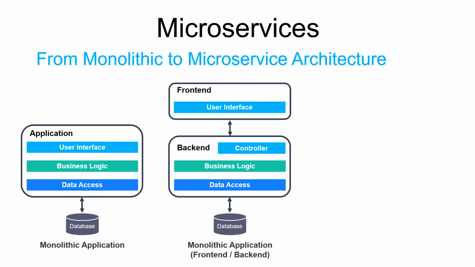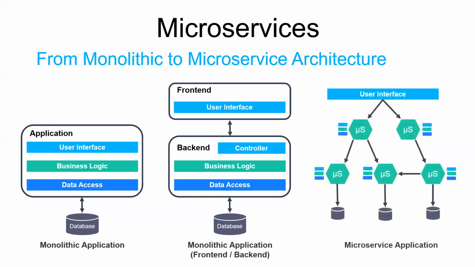And the back end, which is still a single deployment unit, could be created using technologies like Spring Boot, Node.js, Laravel, and so on. Now, splitting the backend of an application into small, distributed, and independent services, each having its own database, and each of which communicates over well-defined APIs, is exactly the main idea of the microservice architecture.